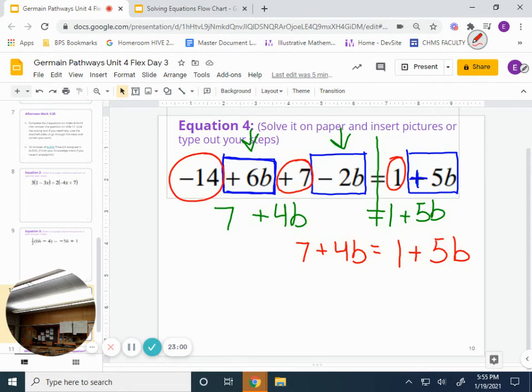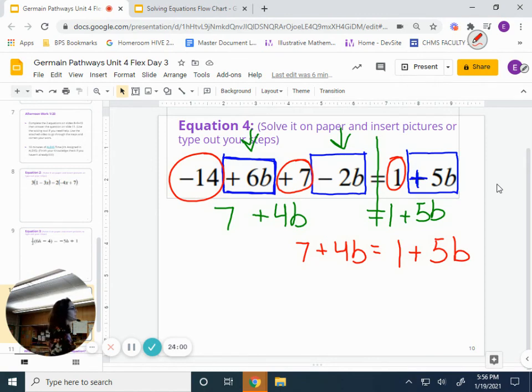Another minute. Here we go, another 30. Okay, here we go. 3 more seconds. Fantastic. Let's take a look.